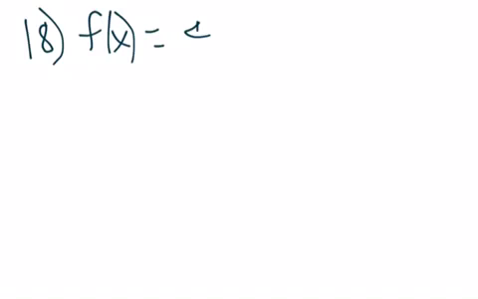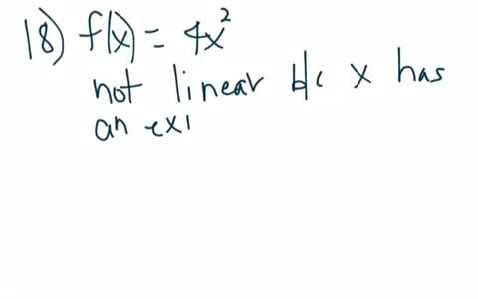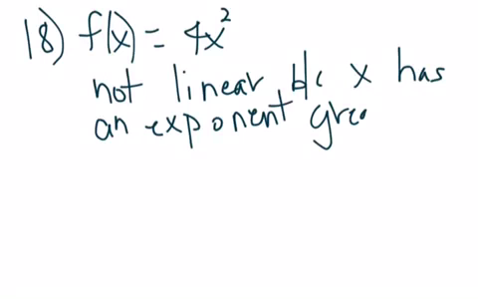If you will look at number 18, it asks you to determine if those equations are linear or not. This one is not linear because, and it tells you to explain why, because x has an exponent, or you can say power, greater than 1.